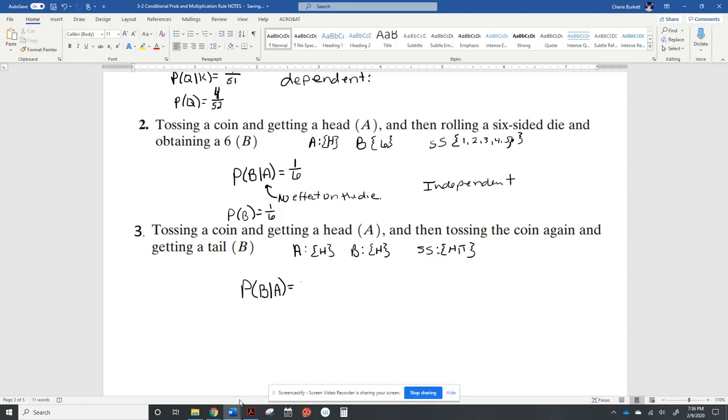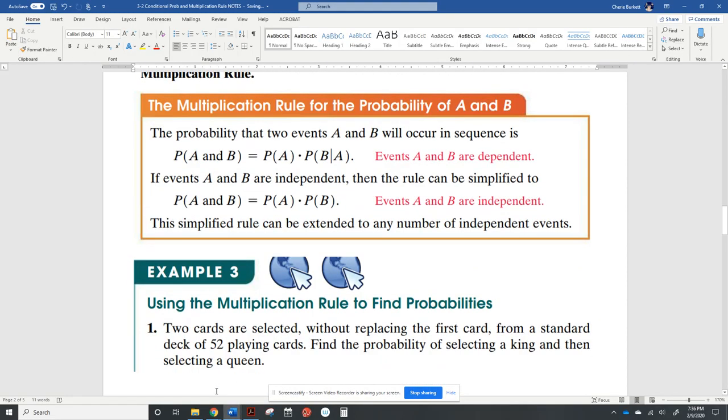So the probability of landing on heads, given that the first time I already landed on heads, is still one outcome out of a total of two possibilities. So these are also independent. And the mathematical way you could check that is to ask, what's the probability that B happens all by itself? Well, that's still 1/2. So those are independent events.